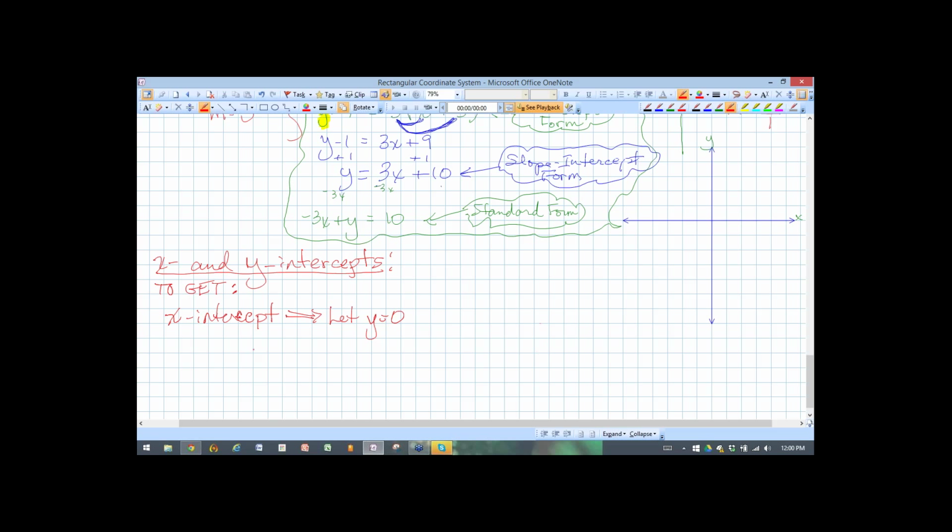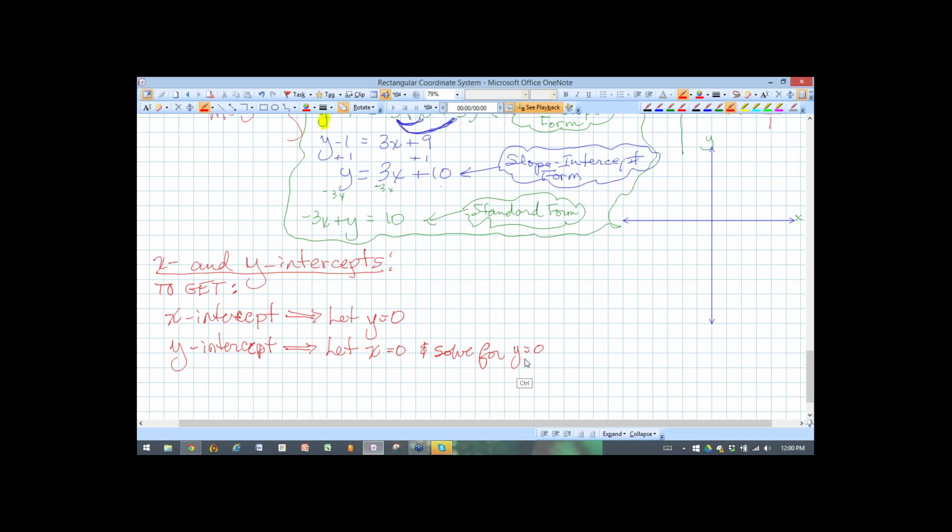I'm going to do that with this example in a minute. To get the y-intercept, which is the one you are mostly going to be asked for, you let x equal 0, plug a 0 in for x, and solve for y. You are asked for the x-intercept sometimes, but not as often. So plug a 0 in for the opposite variable, and then you'll only have one variable to solve for.